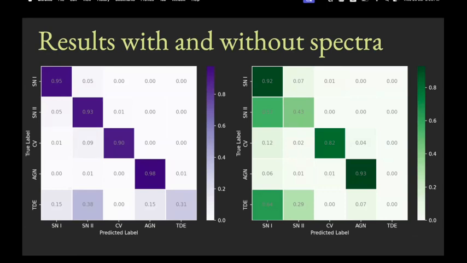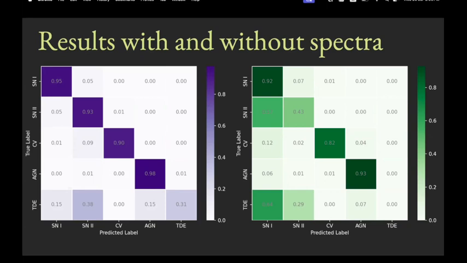So just to summarize, Spectra are very important. It's not enough just to have one spectrograph. We need multiple epochs from the spectra in order to have more information to feed the network and be more, let's say, sure about the classification.